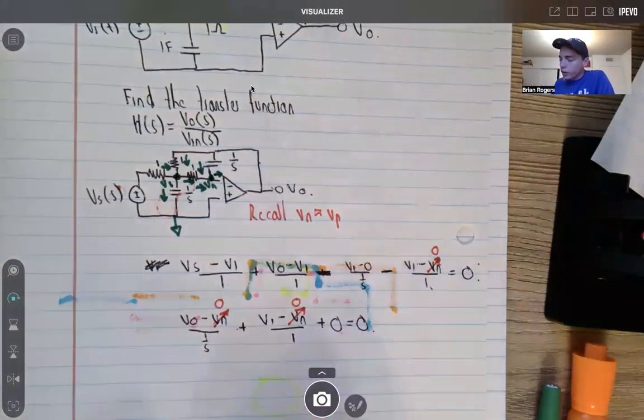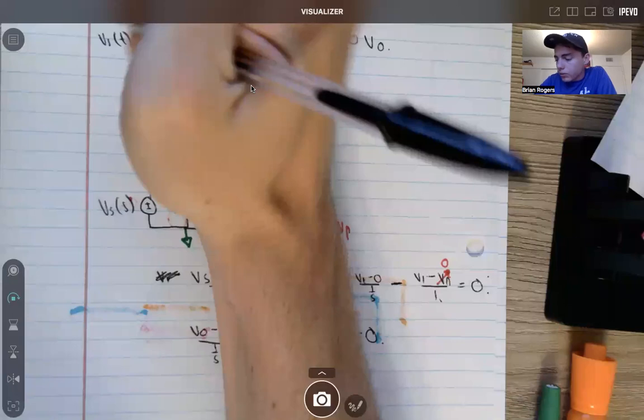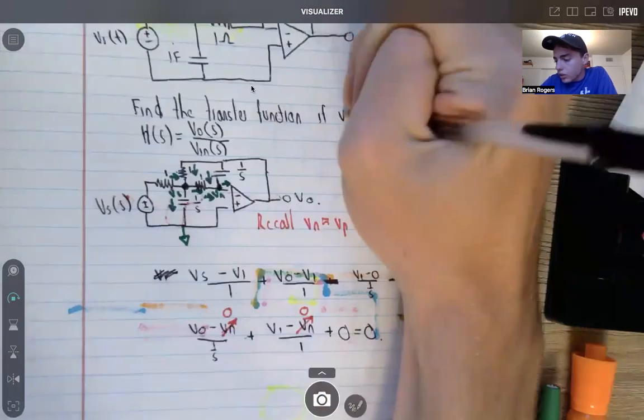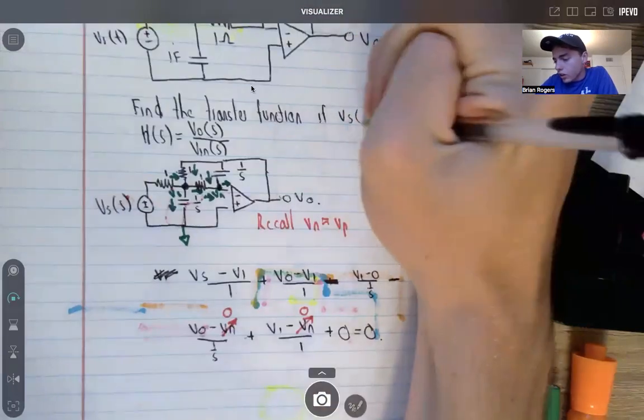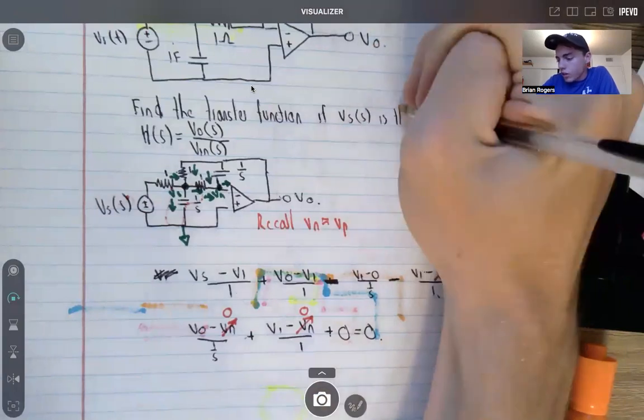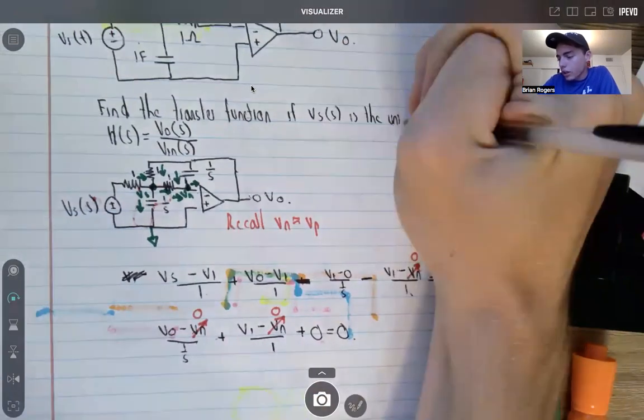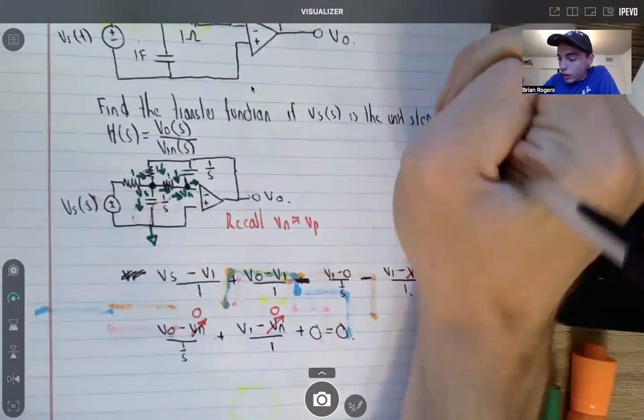And so I'm going to assume it's the unit step response, that V of S is the unit step response. So we can actually solve the circuit if we know the voltage provided.